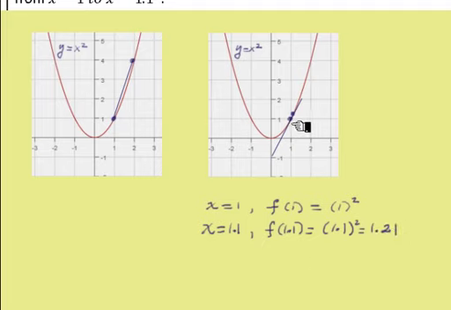All right, so our first point we could label as (1, 1). And our second point we could label as (1.1, 1.21).